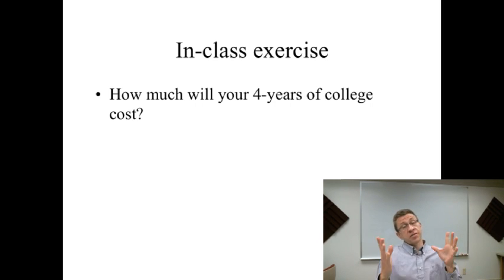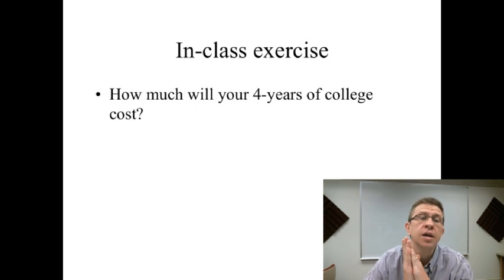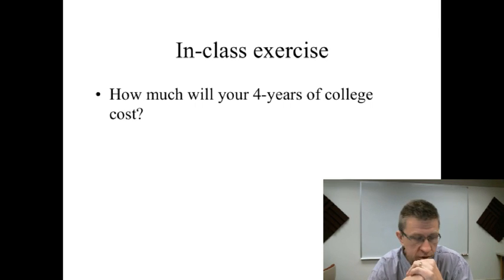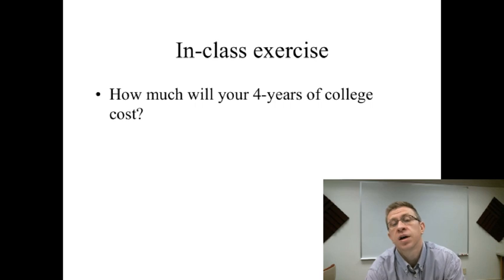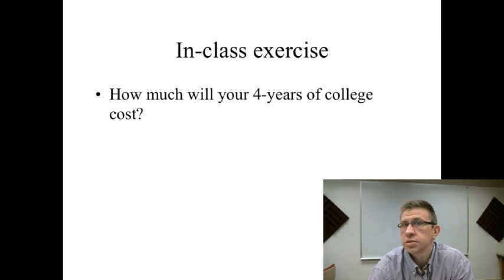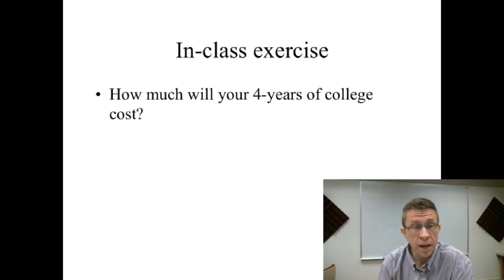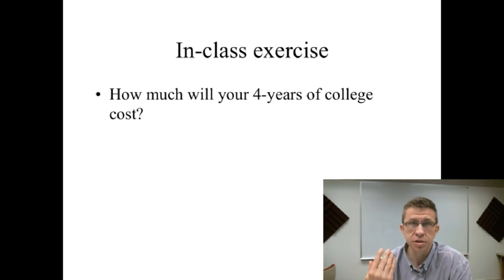Okay, I hope you have paused this and started to consider this. So what should be put into your 4 years of college cost? Like what should be included? Well, an obvious one is tuition, right? The tuition costs should definitely be included in the costs for your 4 years of college, as well as the books, right? Tuition and books clearly are costs that you would not be incurring if you weren't going to college.